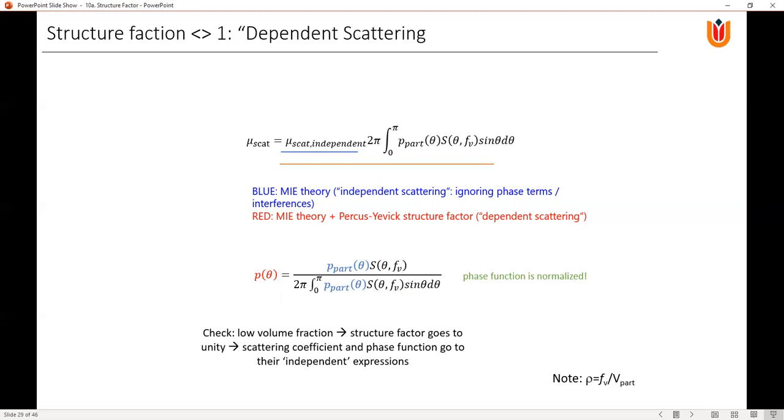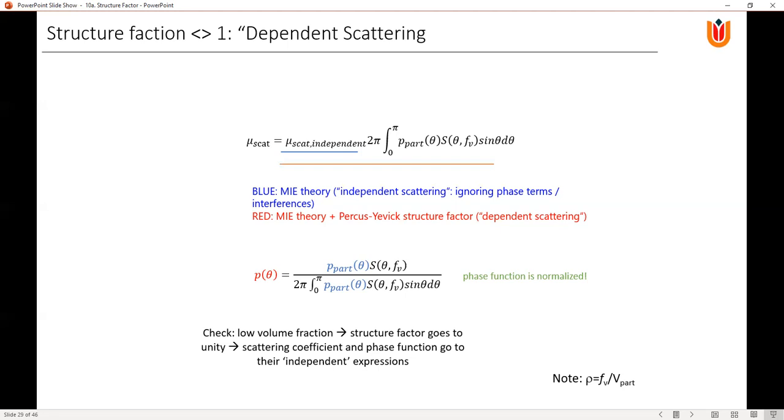The second curve that you'll see is again Mie used to calculate the scattering properties of one single particle, but then using the structure factor S of theta and phi to account for these interferences. In this specific case, the pair correlation function derived with Percus and Yevick was used, and that was Fourier transformed into the structure factor.